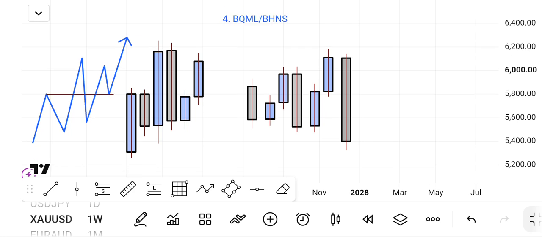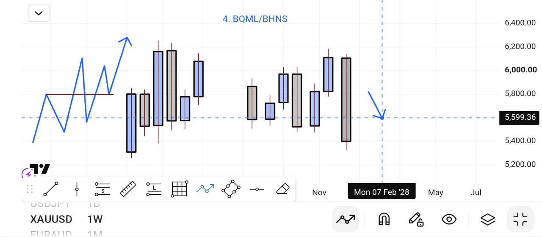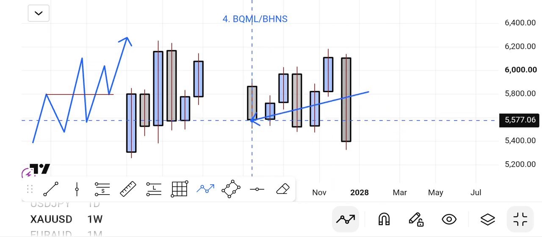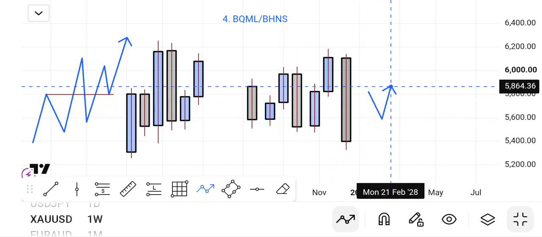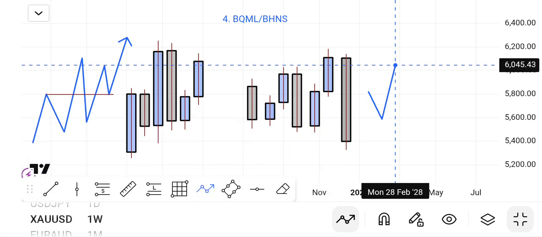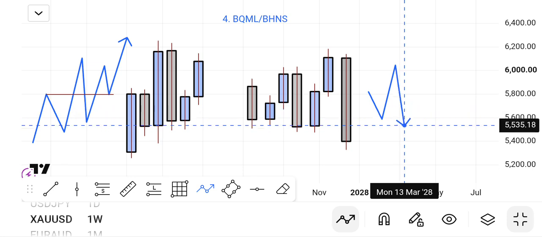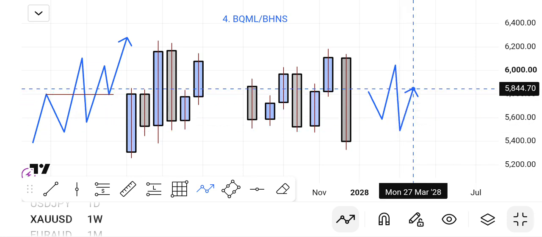Let me see. You can see the V shape. I'm following this place. You can see the V shape. It buys, breaks it the first time, breaks it the second time.